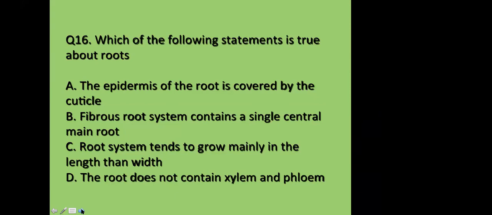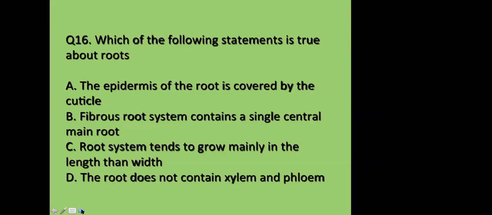So you all know taproot system, and do you know in which type of plants you find the taproot system? Is it found in the dicots or in the monocots? It's the dicots. And fibrous root system in the monocots. Very good. Now listen everyone, the taproot system contains the main root from which the lateral roots will arise.